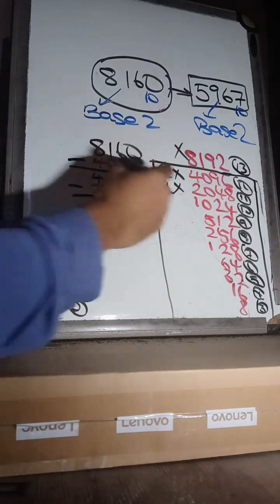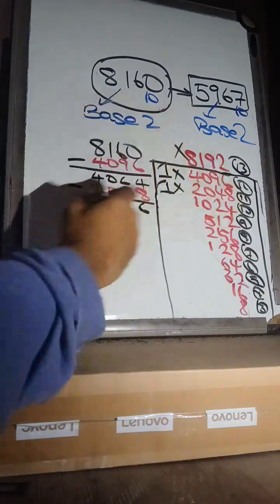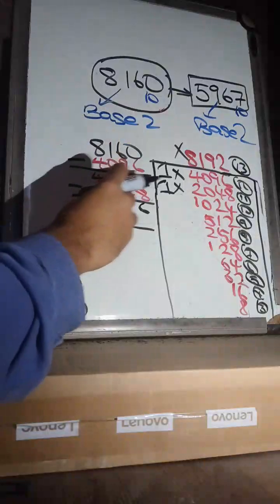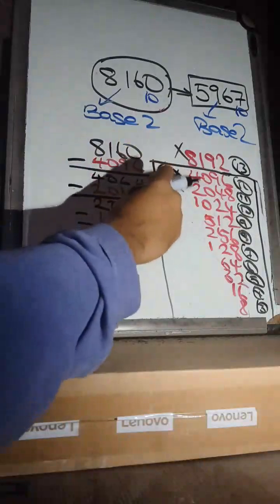It will start to make sense after a little while. So now, can we use 1024? We can, since it's smaller.